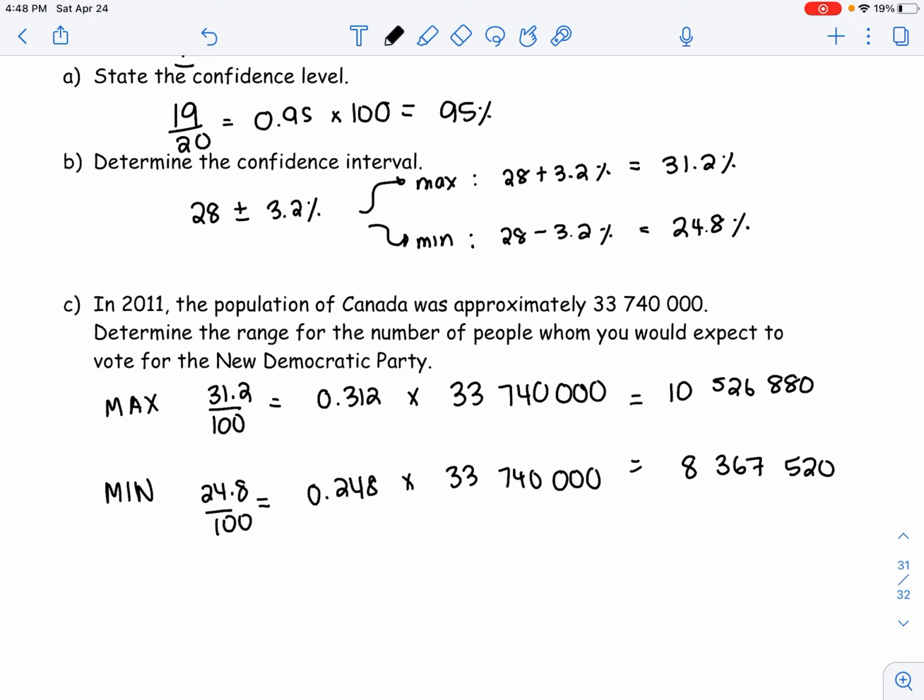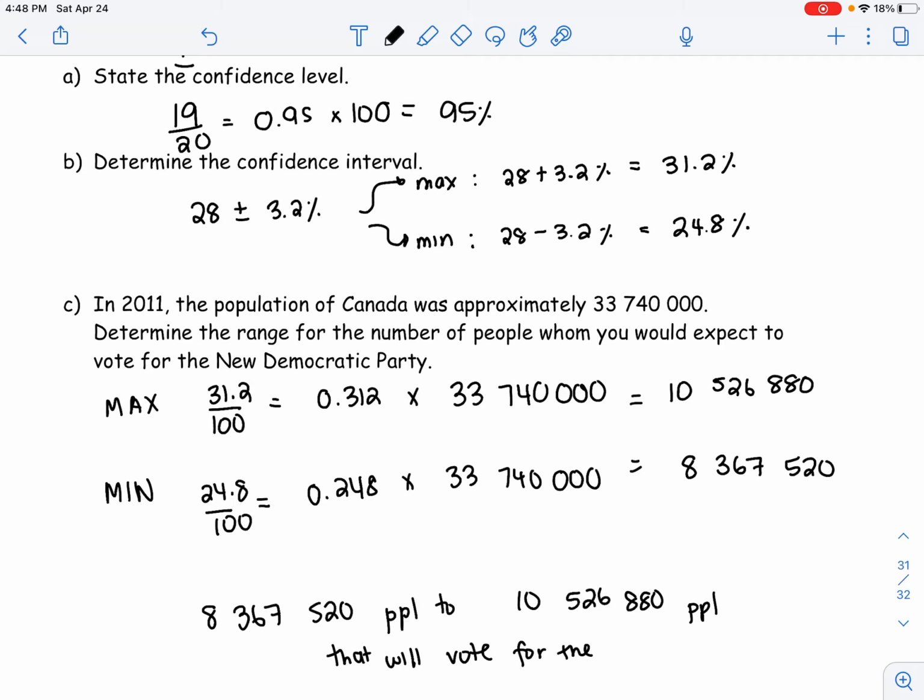And then remember, we want the range. So we always want to go for a range from min to max. So we're saying that there's going to be 8,367,520 people to 10,526,880 people that will vote for the New Democratic Party.